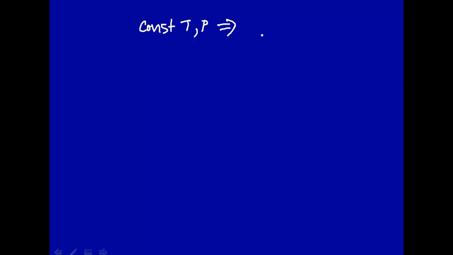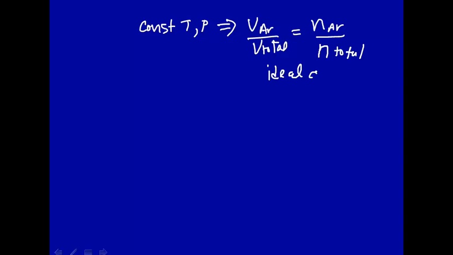This implies from Avogadro's law that the volume occupied by, say, argon divided by the total volume is equal to the number of moles of argon over the total number of moles, and we're assuming now an ideal gas. Okay, so from Avogadro's law, that's what we get.